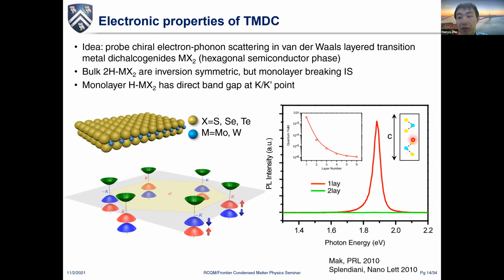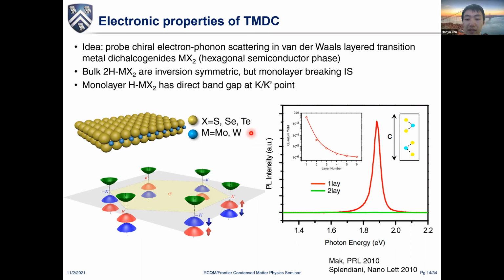So bulk material does have inversion symmetry, but the monolayer breaks it. And then it happens that the monolayers have a direct bandgap. These materials are generally semiconductors, but in bulk, they're all indirect gap semiconductors. So people didn't really think that they were of any particular usefulness.